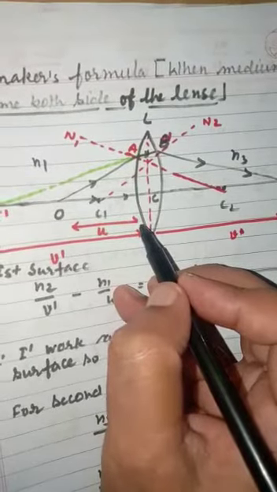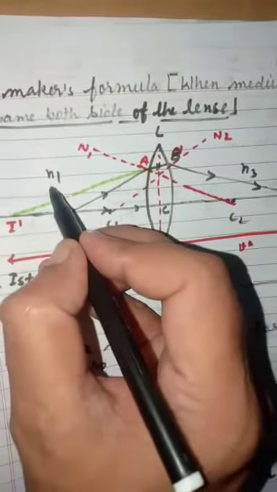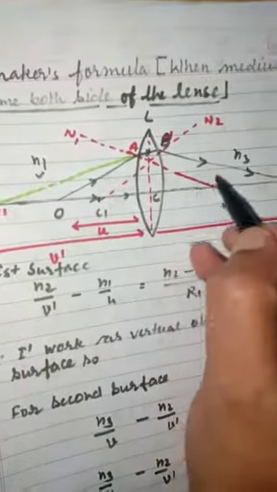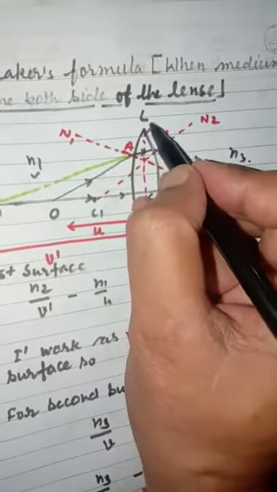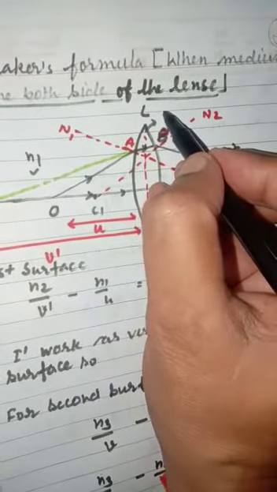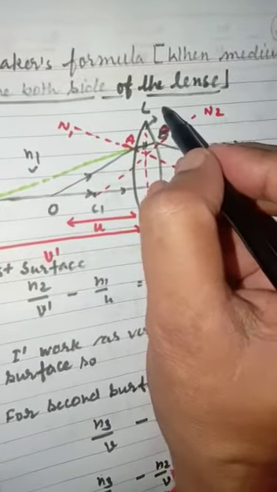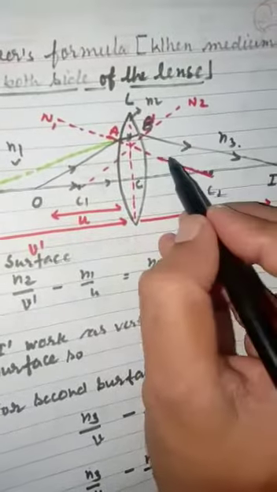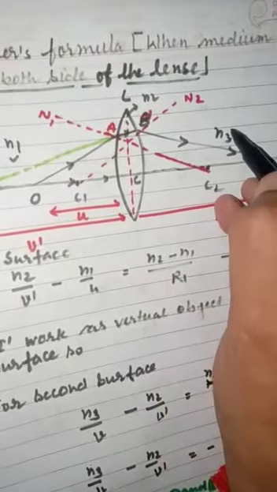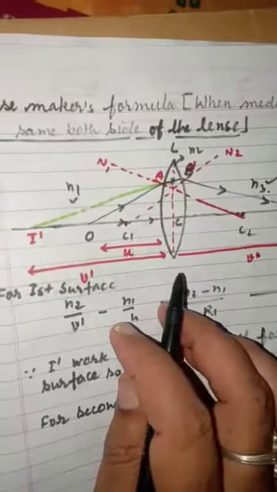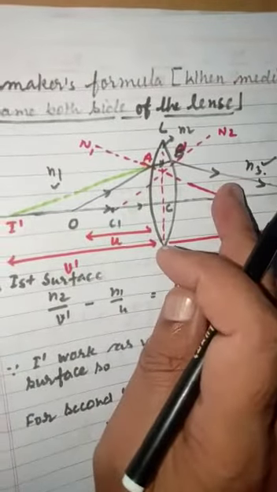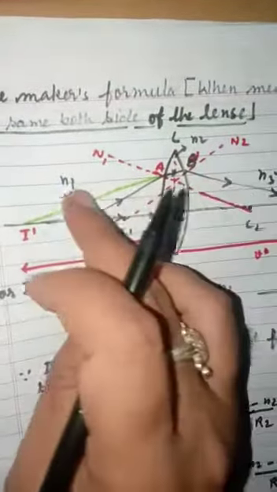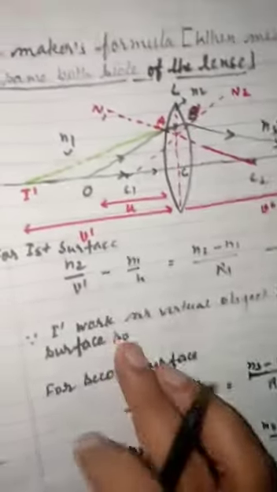The first medium has refractive index N1, the second medium, which is made by the thin lens, has refractive index N2, and the third medium has refractive index N3. Like air, glass, water, or some other medium.